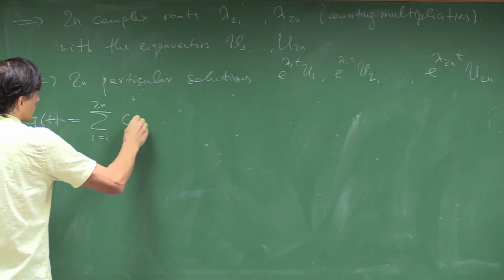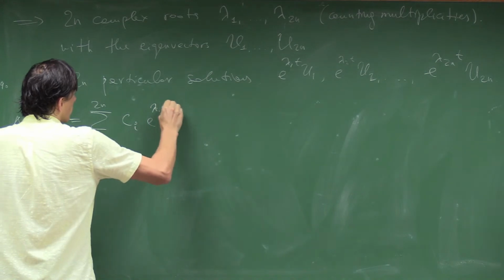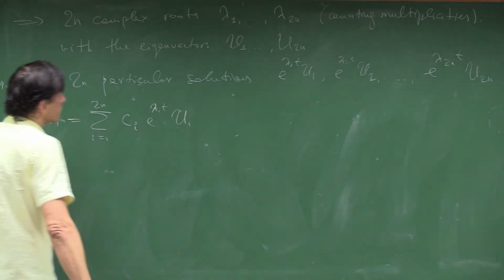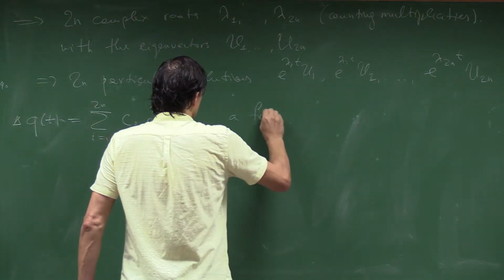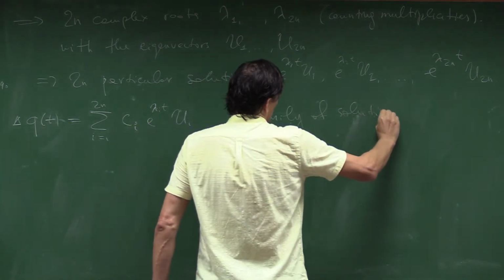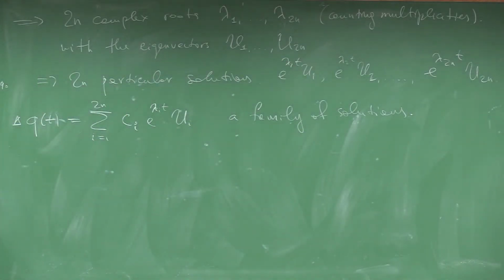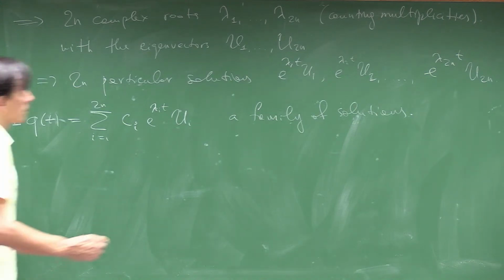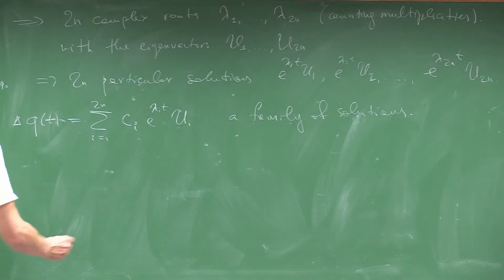We can multiply each solution by a complex number, and this will be a family of solutions, in general complex.